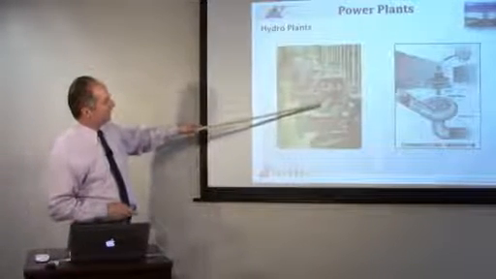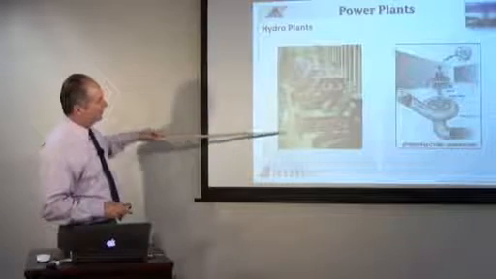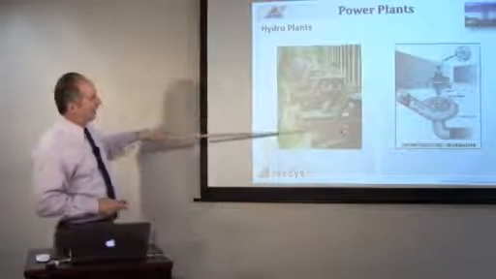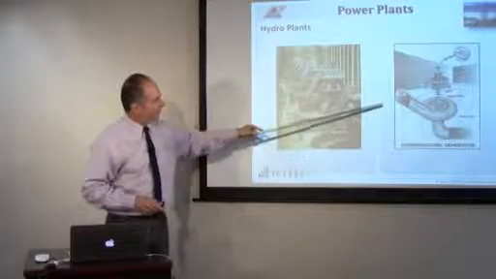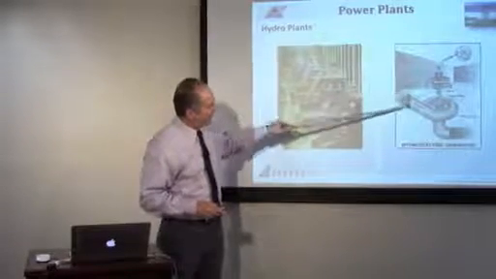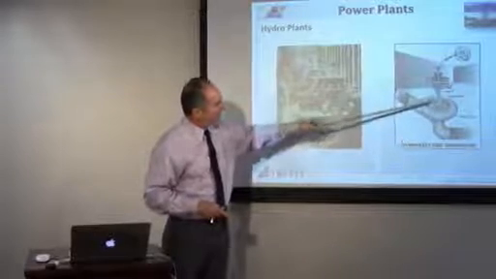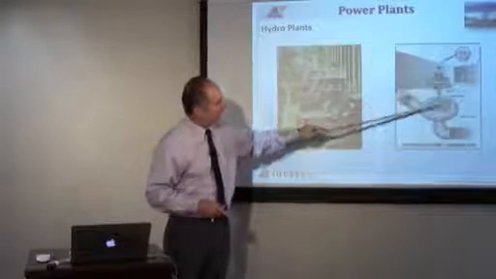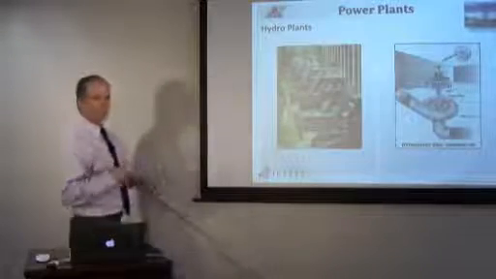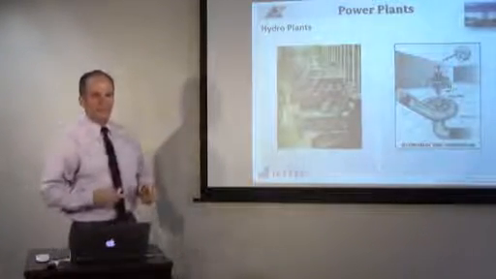And these turbines are being turned by the water flowing underneath. Here is a penstock where you have water coming down through a kind of squirrel cage type of turbine, water going out, generator sitting on top. Different ways of using water.